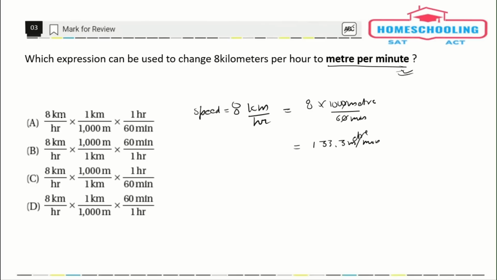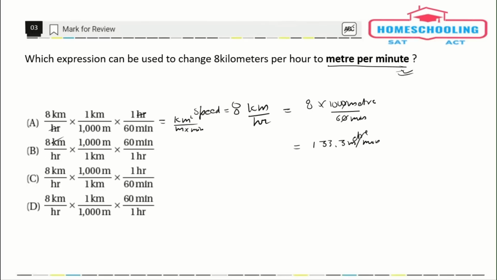First, here hour and hour get cancelled, and here we can see meter, kilometer, and meter. So the final unit is kilometer squared divided by meter and minute. This cannot be, because your final answer should be in meter per minute.